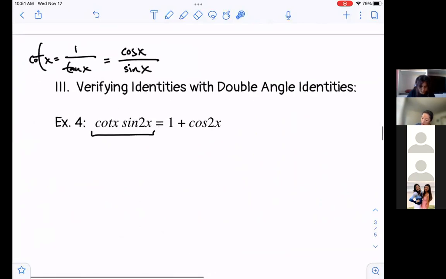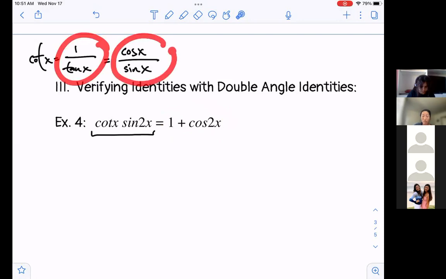If I look at the right-hand side that I want to match, I don't see anything with tangent. So you could write 1 over tangent, but maybe it would be more helpful if you wrote the one with cosine and sine. And part of that is the more questions you work on like this, the easier it is to make that decision.